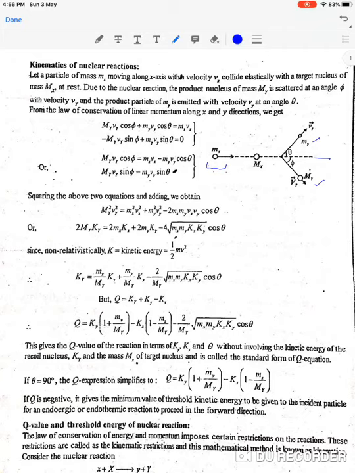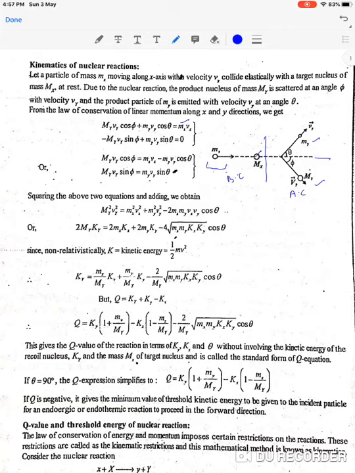Before the collision we don't have any y component, only the x component of momentum. The parent nucleus was initially at rest, so its momentum is 0, and the only momentum of the system before the collision is m_x v_x.